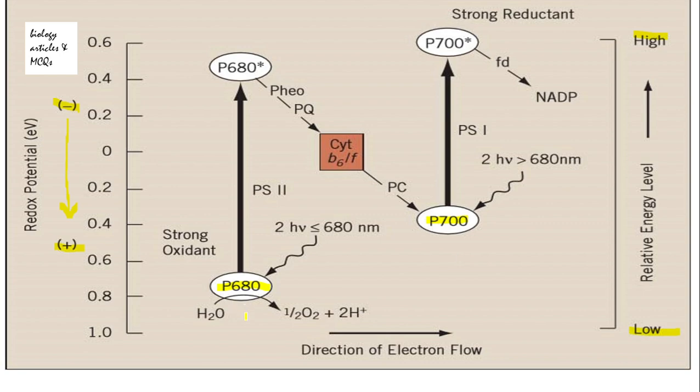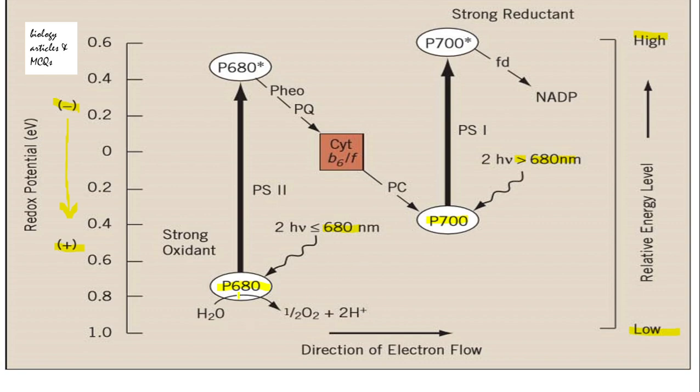Photosystem 2 is also called P680 because the chlorophyll molecule present in photosystem 2 absorbs light of 680 nanometers, and the chlorophyll molecule in photosystem 1, P700, absorbs light of 700 nanometers, which is greater than 680 nanometers. That is the reason for their naming.